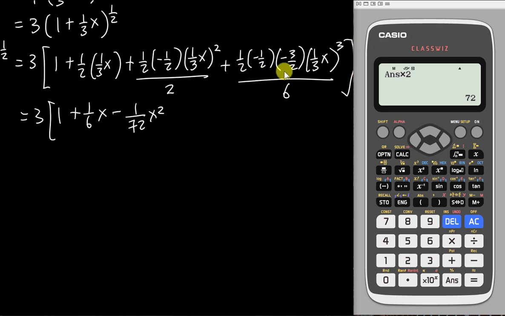So here we have something like 2 times 2 times 2 is 8. 8 times 27. And then 27 and 3 I can simplify, so here I actually have left a 9 here. So 8 times 9 is 72. So 72 times 6 is 432. Alright, then I check the sign here should be positive. Okay, so I will get something like plus 1 over 432 x power of 3.